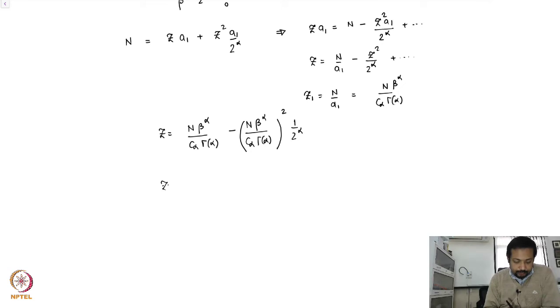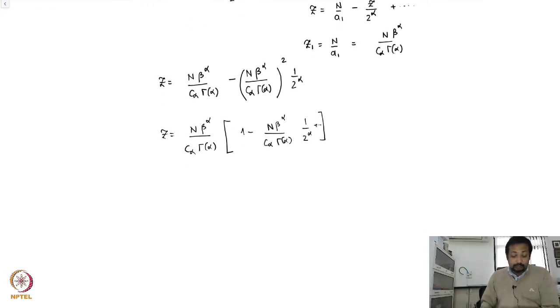So this expression is now n β^α / (c_α Γ(α)) times (1 − n β^α / (c_α Γ(α)) · 1/2^α) plus higher order terms, right? Okay.